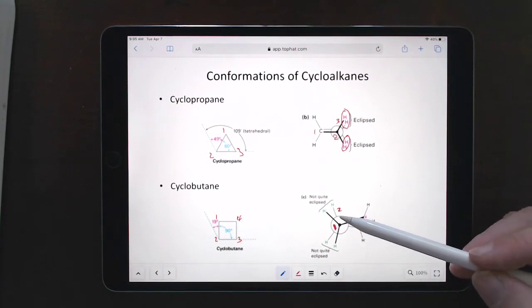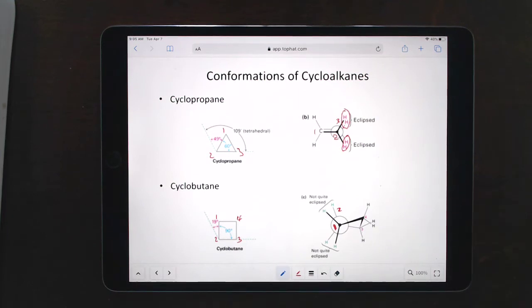You put a little torque, it can twist itself a little bit to have these things not be quite so eclipsing. So there is a little bit of distance between these eclipsing hydrogens. It can shift this out so it's not quite so bad, so it can relieve a little bit of the eclipsing strain.